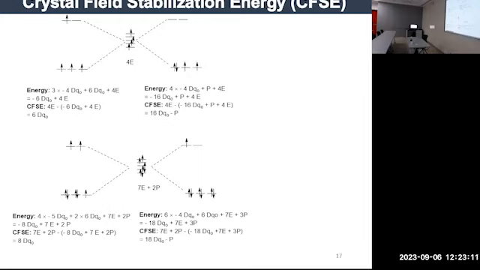I wanted to ask about this notation, T2g. Why this complex? This is like T2g, triply degenerate. You can put one electron in three possible arrangements.